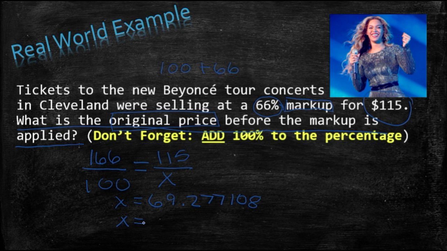So x is going to equal $69, and our hundredths place is what we're looking to round to. So we look to the neighbor, and if it's 5 or above, you give it a shove, and so you should have $69.28. Good job. If you figured that one out, if you have questions, please raise your hand and I will come assist you.